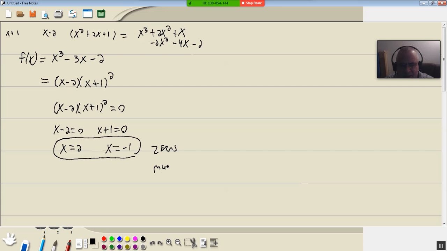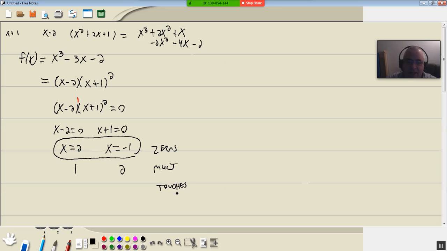Now, multiplicity. A multiplicity is whatever power is on it. If I go backwards, x equals negative 1 had a second power here, so multiplicity is 2. Now, the x equals 2, if I go backwards, didn't have a power, but if I would put 1 there, it would be the first power. So its multiplicity would be 1.